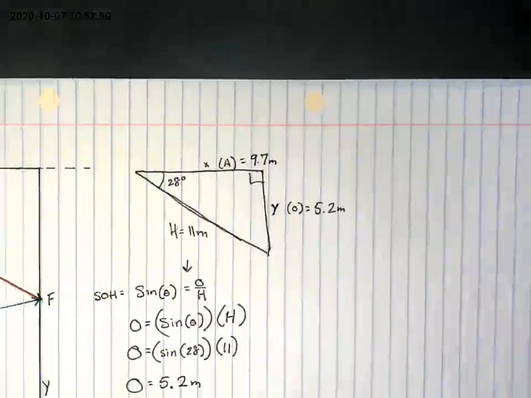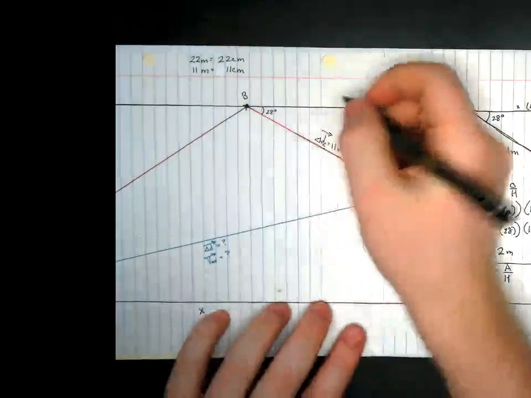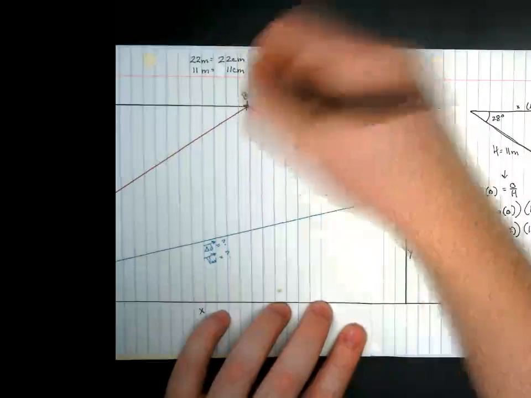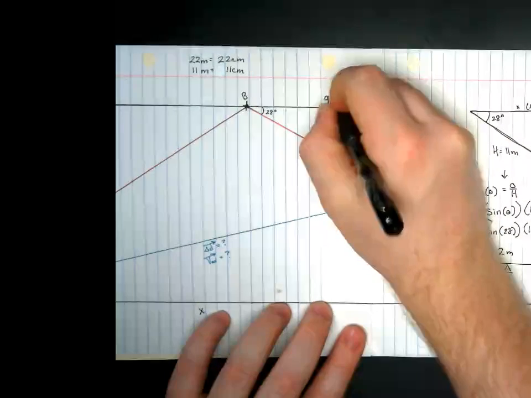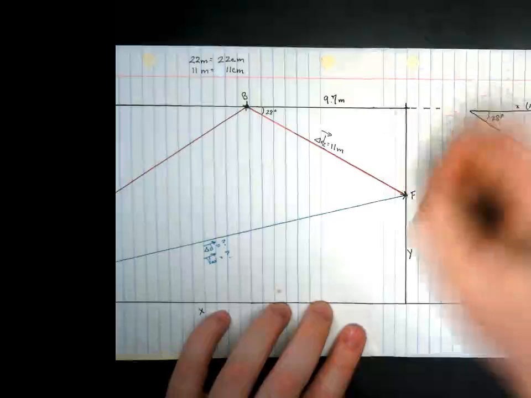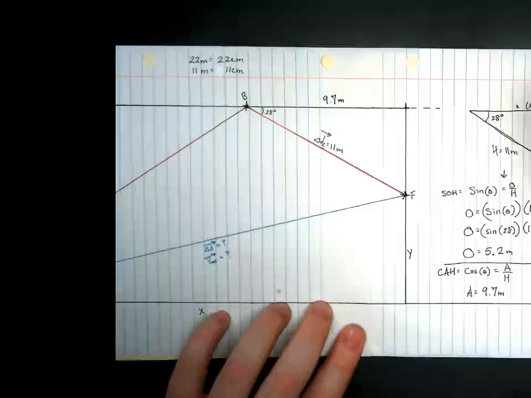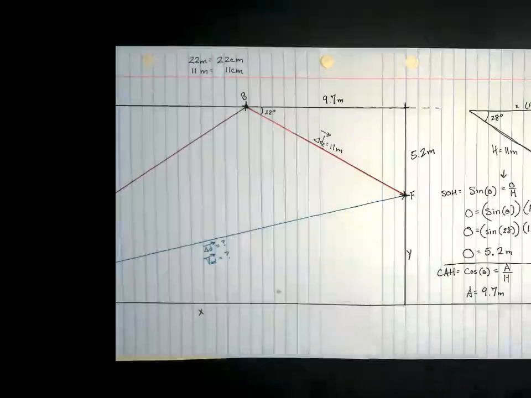Now we can add that to our big boy over here. So this guy right here, from B here to right here, this is 9.7 meters. And then from here to F, that is 5.2 meters. Now, let's say you're skeptical of that.